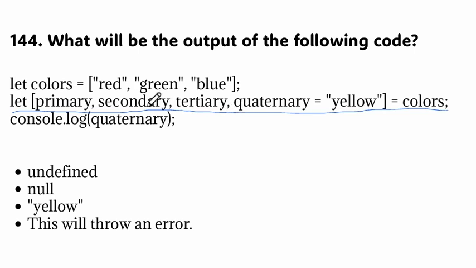You can see that 4 names have been given: primary, secondary, tertiary, and the fourth one, quaternary, has been given a new string, yellow, as a default in the destructure. Inside the console.log you can see I just want to see quaternary. So what will be the output here? The output will be yellow, because yellow has been declared for quaternary.